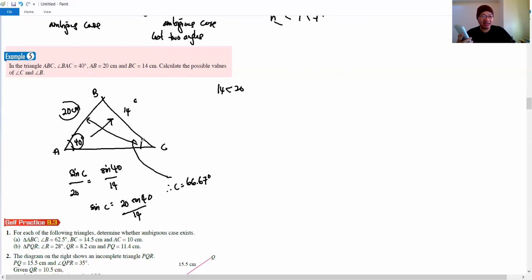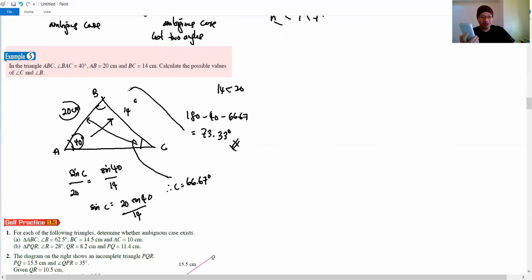Now, after we got the angle of C, we can get the angle of B, right? So 180 minus 40 minus angle of C, 66.67. So how much are we supposed to get? So 180 minus 40 minus 66.67. This is what we are supposed to get: 73.325833 degrees.